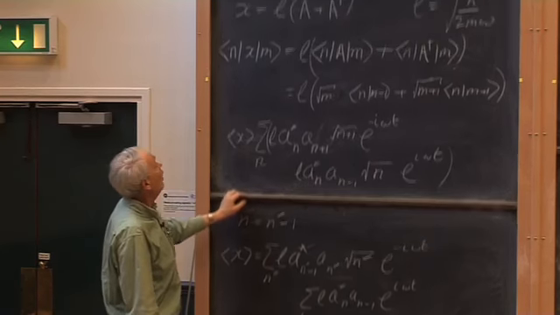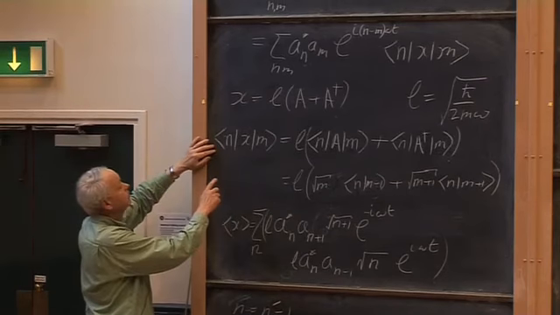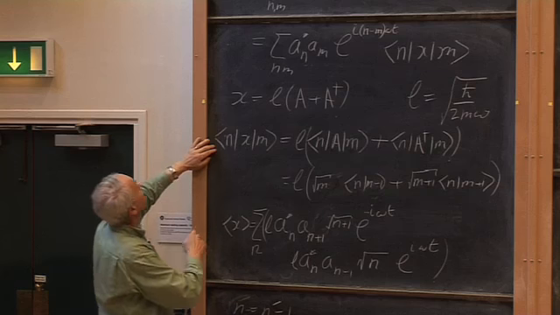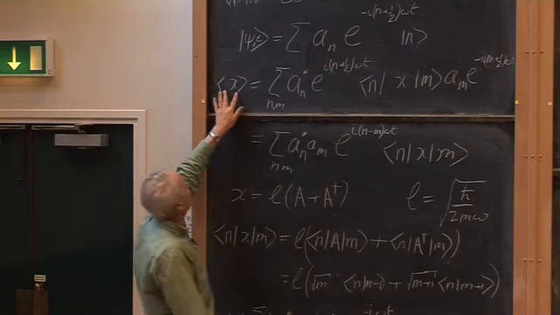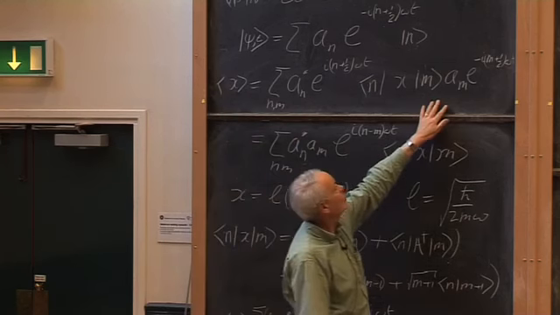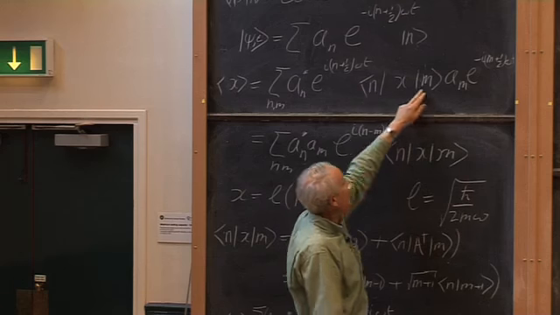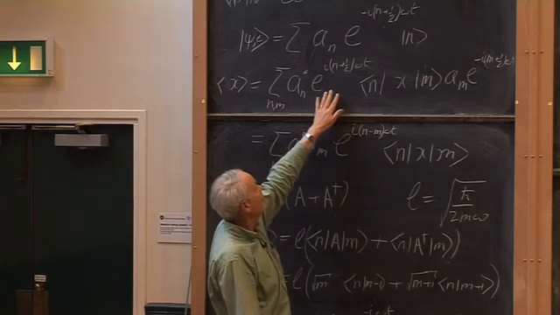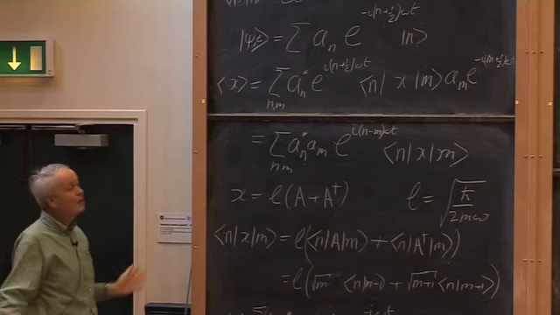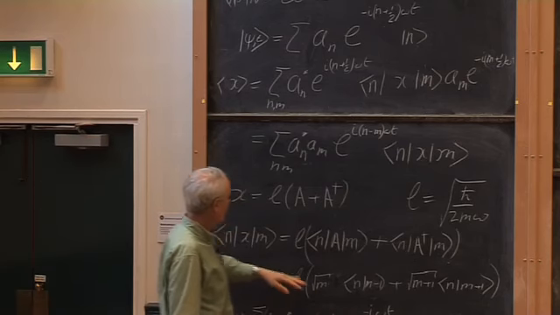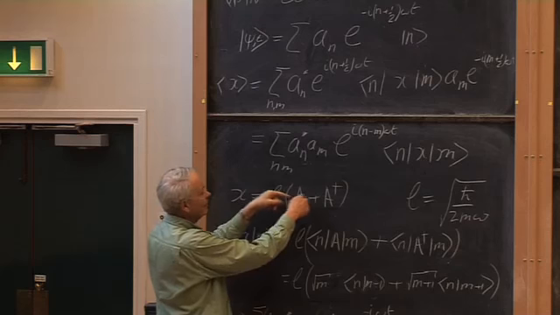Why do we have states of different energy involved? It was because when we took the expectation value of X, we got this huge long sum, which included the term n x n, in which the state of a given energy was present on both sides of X. But that made no contribution to the sum, because X can be written as a sum of these ladder operators, these annihilation and creation operators, and if you put the same state on either side, you get nothing.